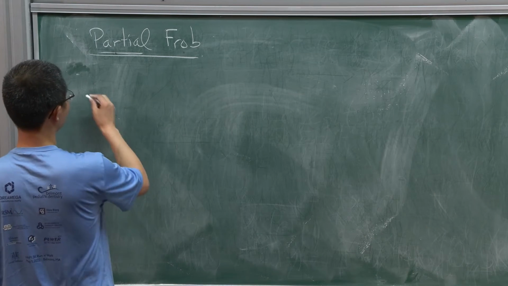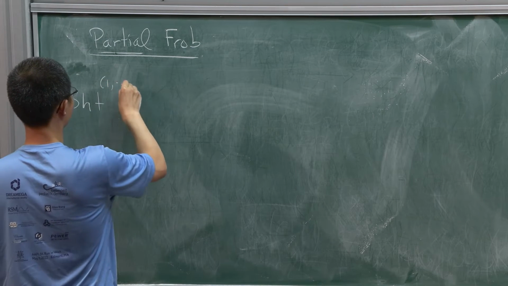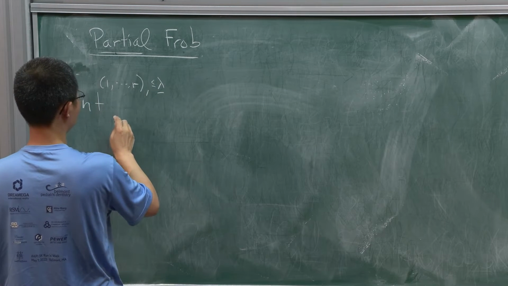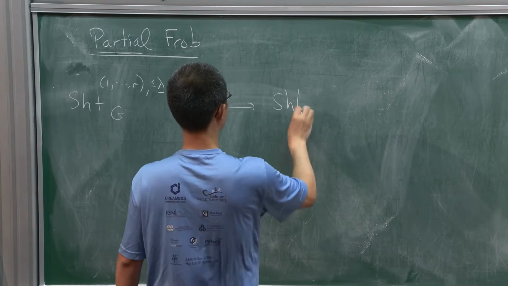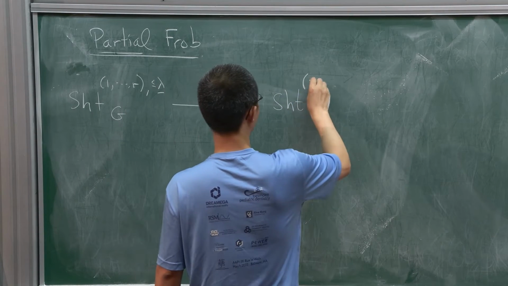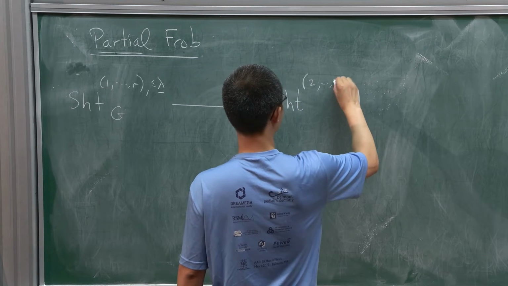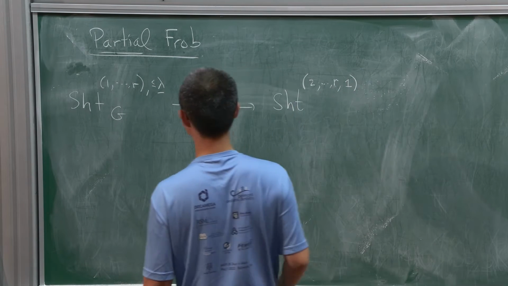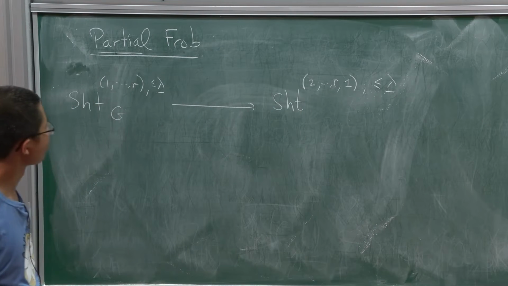Consider the iterated version. So partial Frobenius is a map. For the indices, you need to cyclically permute the indices.